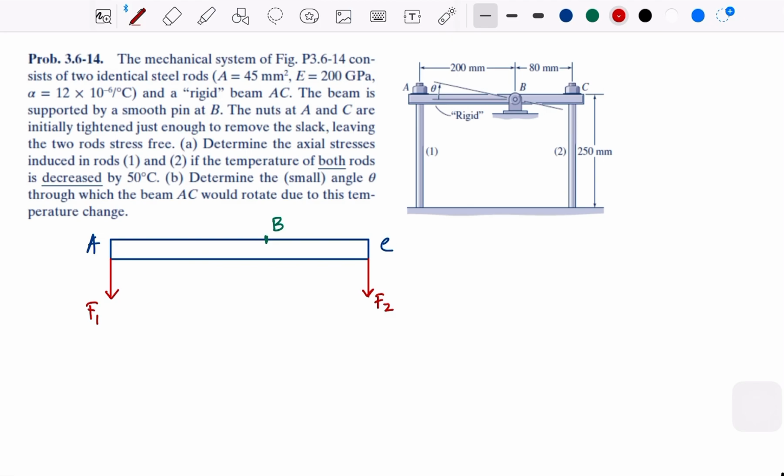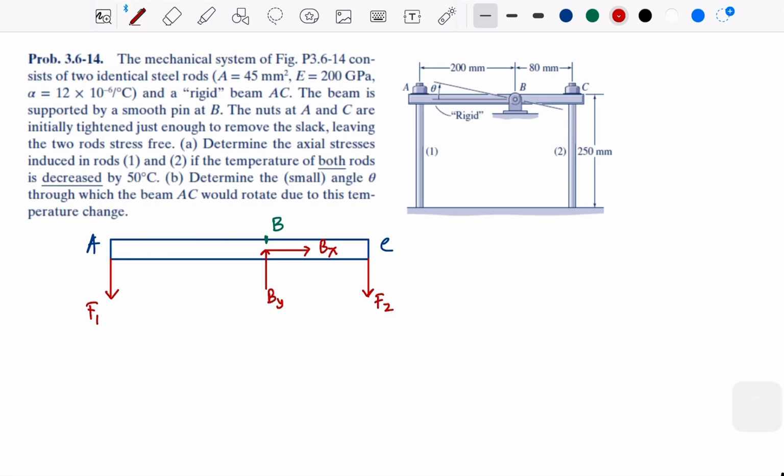And then at B, we have a smooth pin that can rotate, right? So we have a pin that is affected by two forces, that's By and let's say Bx. The first one, I think we can analyze the F1 here and F2.